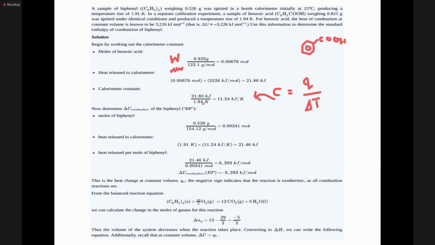It will be 21.80 kilojoule divided by 1.94 Kelvin, which is 11.24 kilojoule per Kelvin. Now we have all the constants regarding the benzoic acid.